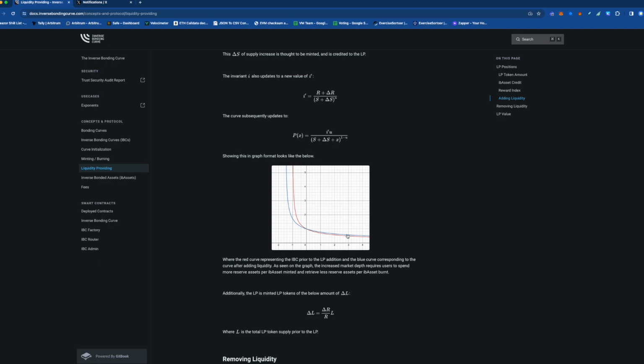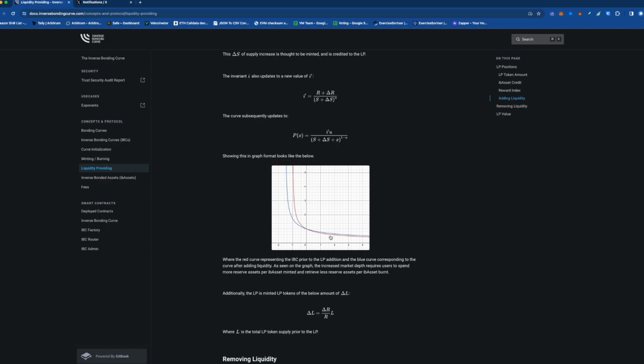So when you add liquidity, you are in essence increasing the cost to mint, because as you can see, I'm increasing the depth of liquidity inside the bonding curve. So I'm increasing the cost for people to mint new tokens.